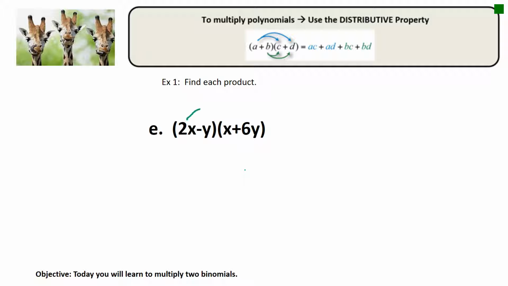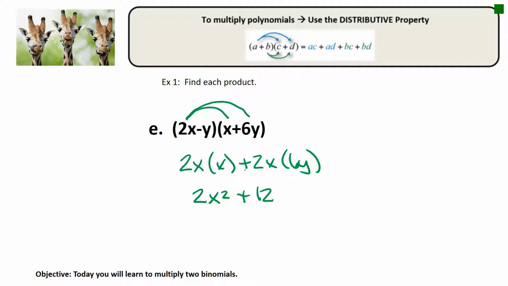This one's weird though. We've got 2x times x. 2x times x is 2x squared. We've got 2 of the x, which is positive, times a positive 6y. That's positive 12xy. We've got a negative y. Remember, that's a negative 1y times x.